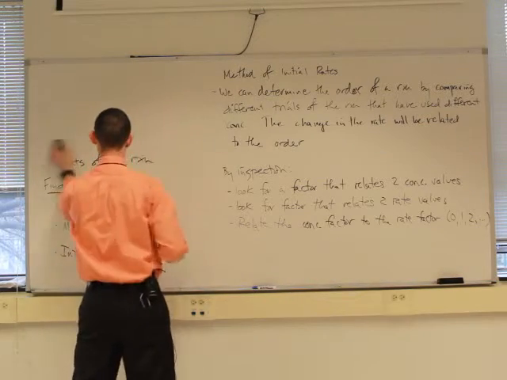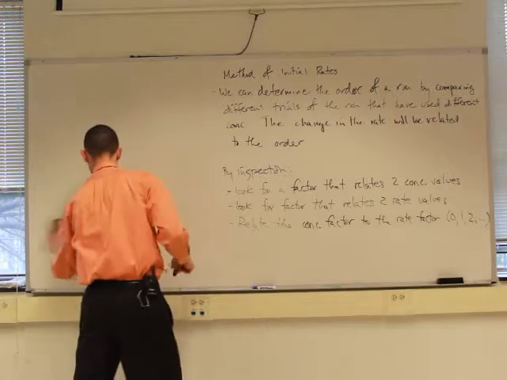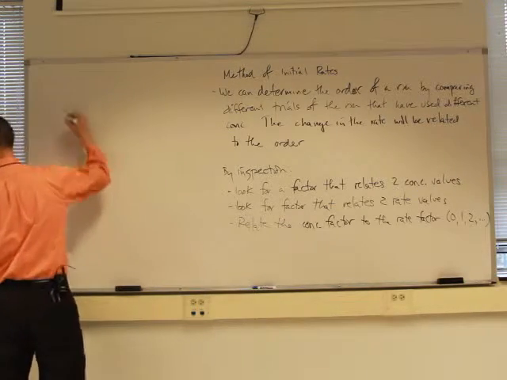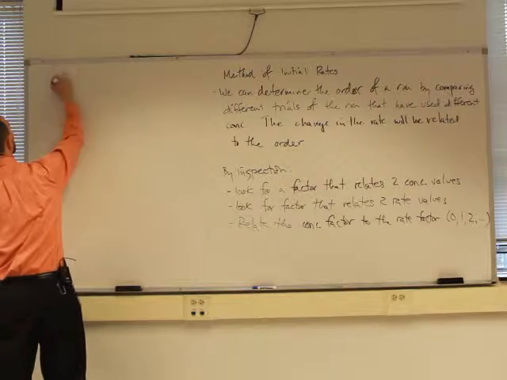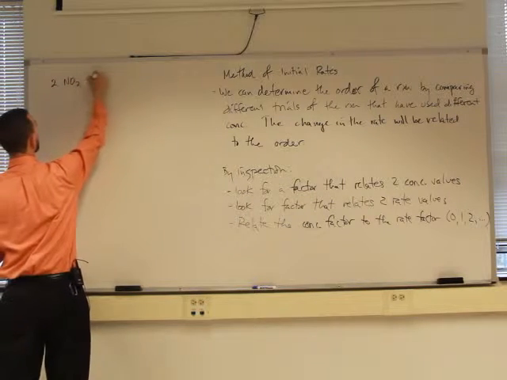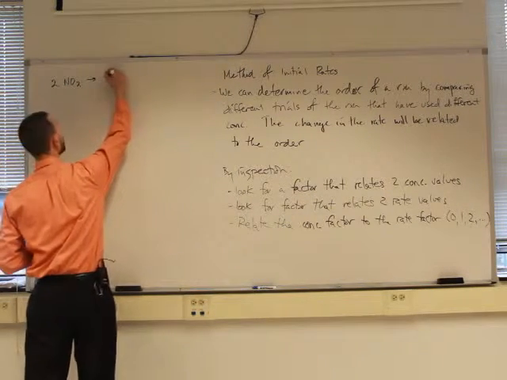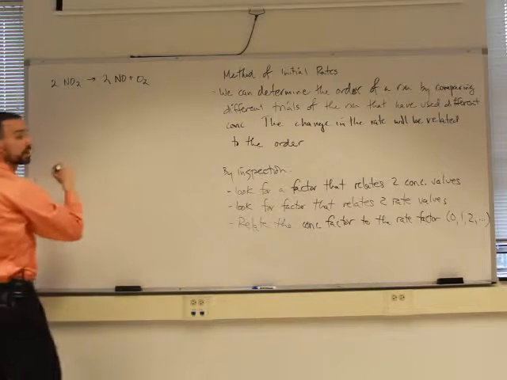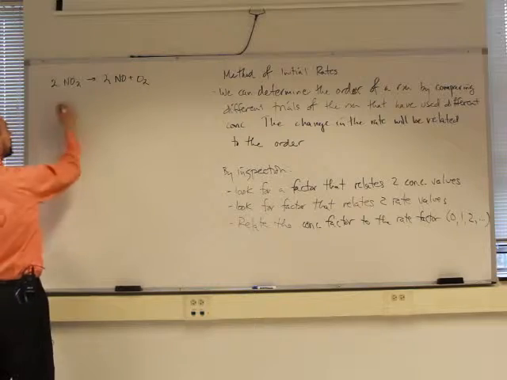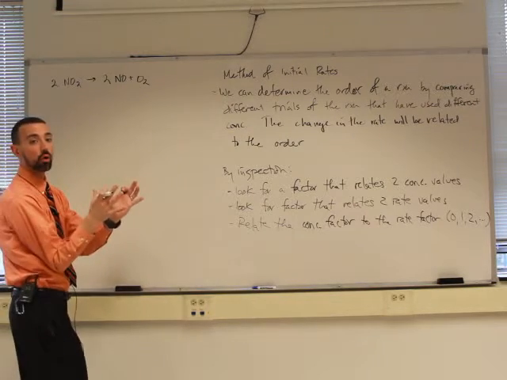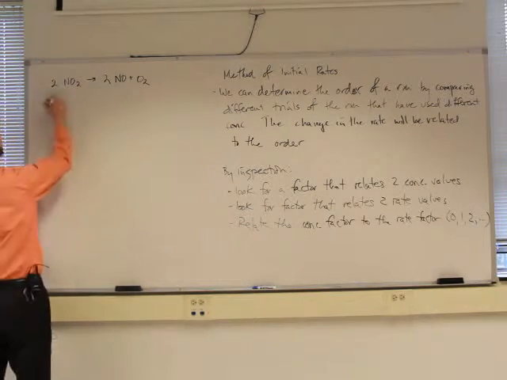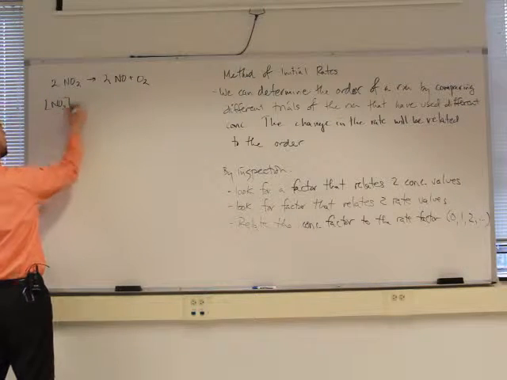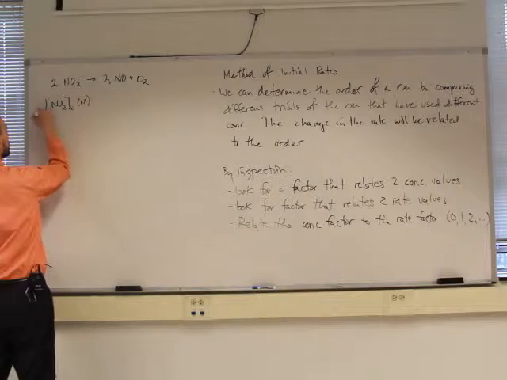So a method of initial rates problem would present you with a reaction and then a few sets of data. For example, 2 NO2 decomposing to 2 NO plus O2. What you could control in this reaction is the initial concentration of NO2.